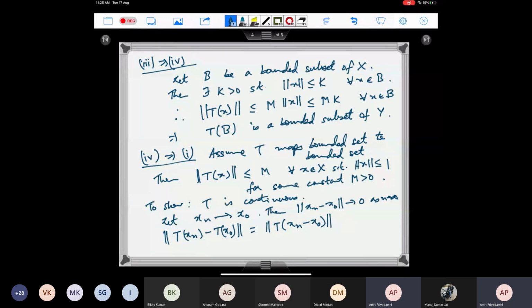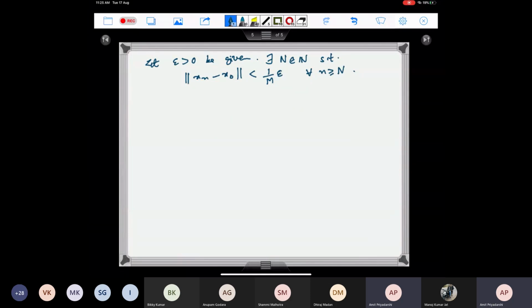So we can make it less than epsilon by m for all n bigger than or equal to N. So then m times norm of xn minus x naught is less than epsilon.